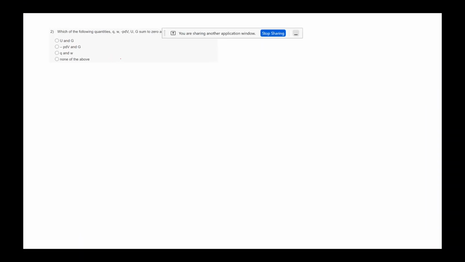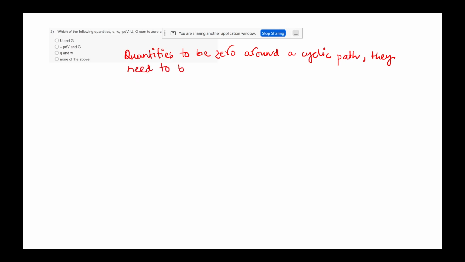So state function, yes. For quantities to be 0 around a cyclic path, they need to be path independent, right? So this is starting from A and then again coming back to this.